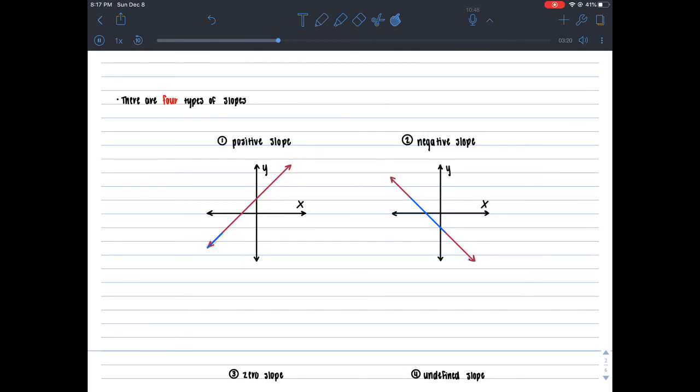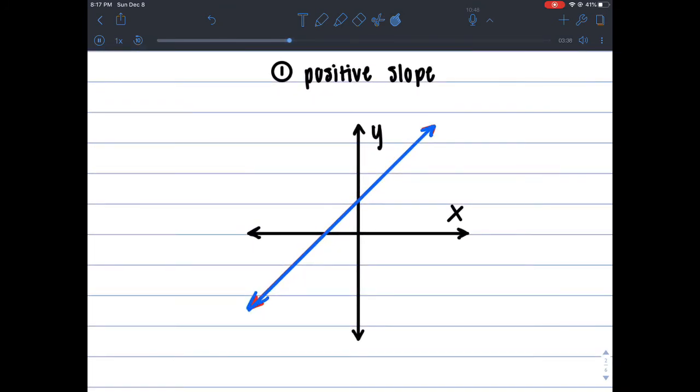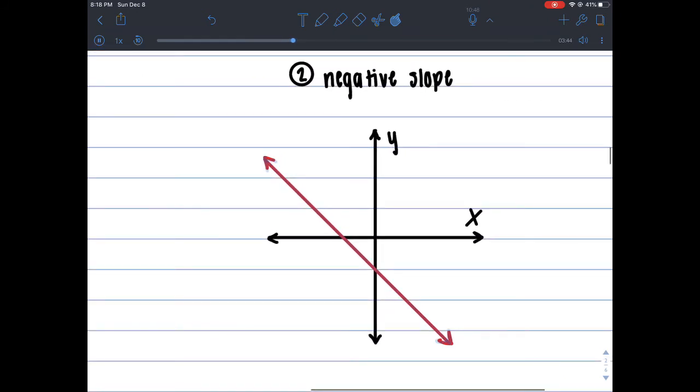So now that you know how to use the slope formula to find the slope, there are 4 different types of slopes that you will see. First is a positive slope. A positive slope is tilted to the right, as you can see drawn over in blue. Then we have a negative slope, which is tilted to the left, so it's the opposite of a positive slope.